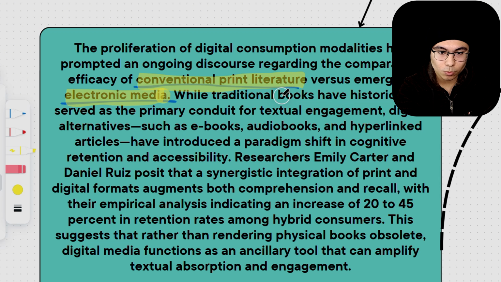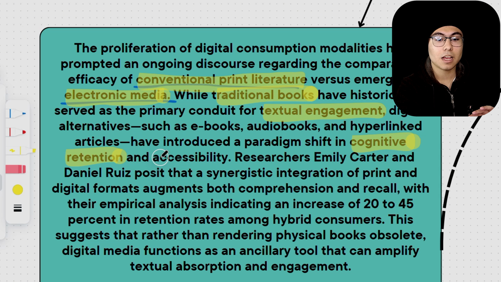So while those traditional books are for textual engagements, digital alternatives such as ebooks, audiobooks, and hyperlinked articles have introduced a shift in cognitive retention and accessibility. So it says the benefits of both of these methods, both traditional ones and digital ones.